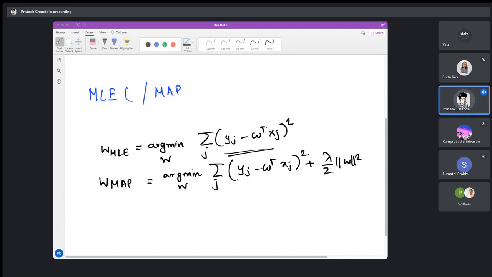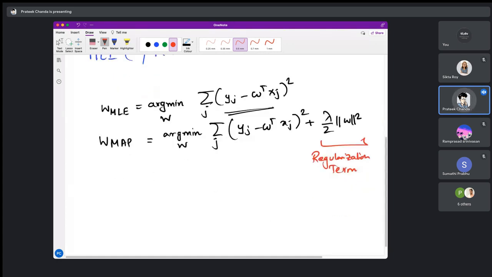When it comes to new test data, which is out of the blue, it fails to provide good predictions. The term we have here is called a regularization term, and this is provided by our W_MAP estimate. So this MAP estimation actually leads us to a regularized solution, as we saw.